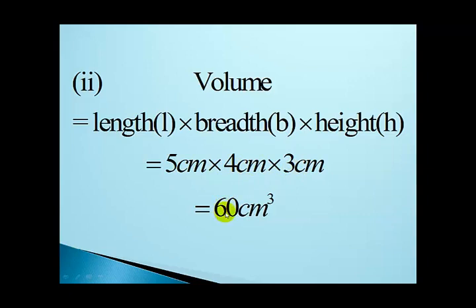That means the volume of the cuboid is equal to 60 centimeters cubed, because centimeters times centimeters times centimeters is equal to centimeters cubed.